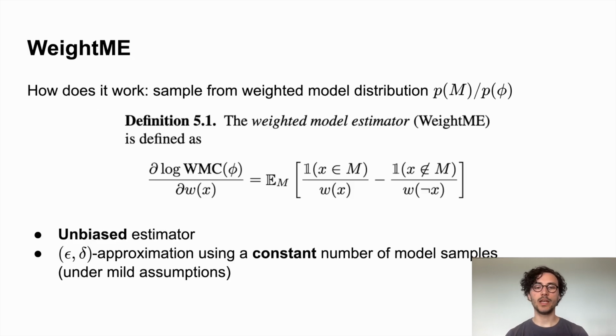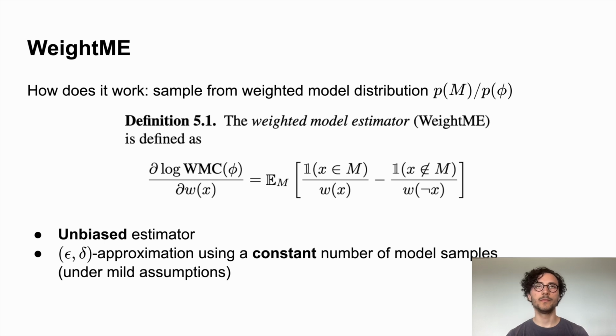And so WeightME implements this more practically. How does this work? Well, there is a weighted model distribution. This is the probability distribution of all your possible worlds. And then you sample directly from this distribution. Now, doing this sampling is the hard step, so this is an NP-hard thing to do.